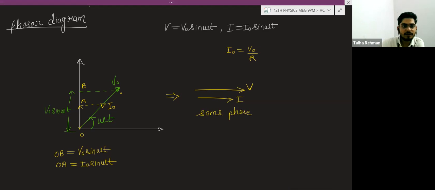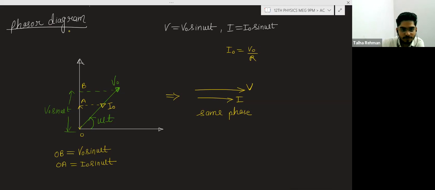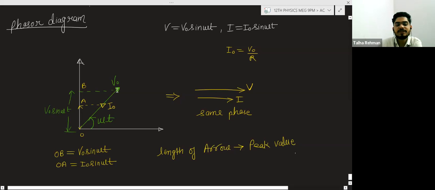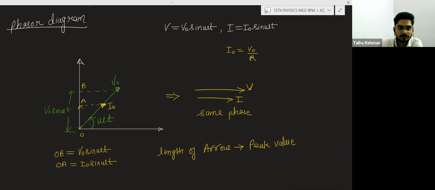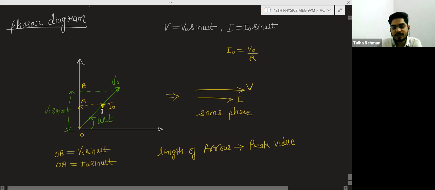So here what I have told you: the length of the arrow will represent the peak value. The length of this green arrow represents the peak value of this voltage, and the length of this yellow arrow represents the peak value of current.